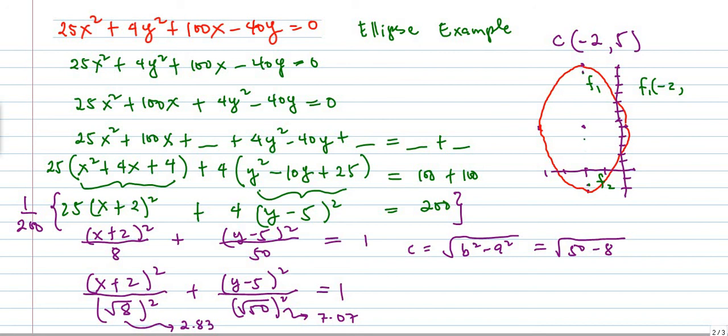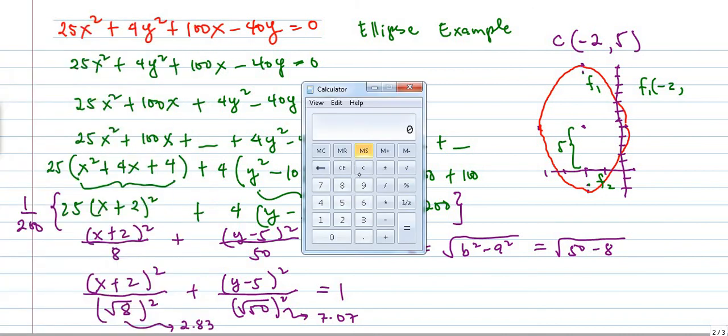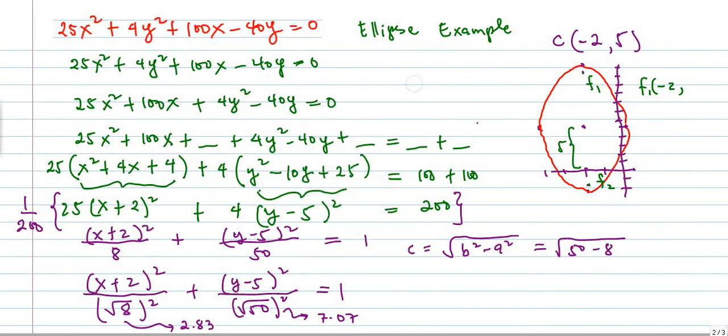Negative 2, and then the value of y is, take note, itong center natin is 5. 5 plus, this one is 5. Yan, ito po ay 5. So 5 plus yung C equals, hindi ko nasulat yung C. Square root of 42 is 6.48.